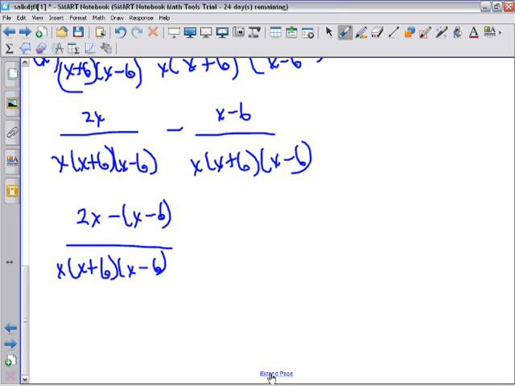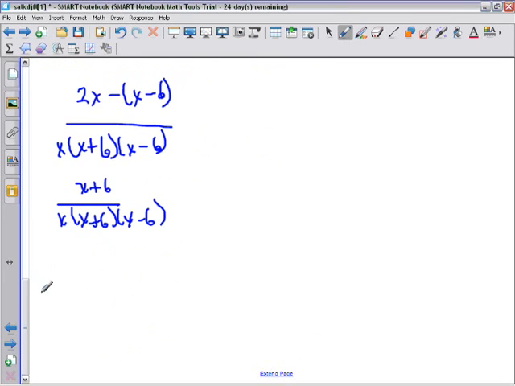Now when you subtract, you get x plus 6 over x times x plus 6 times x minus 6. Now you can simplify and take out both x plus 6, and you get 1 over x squared minus 6x.